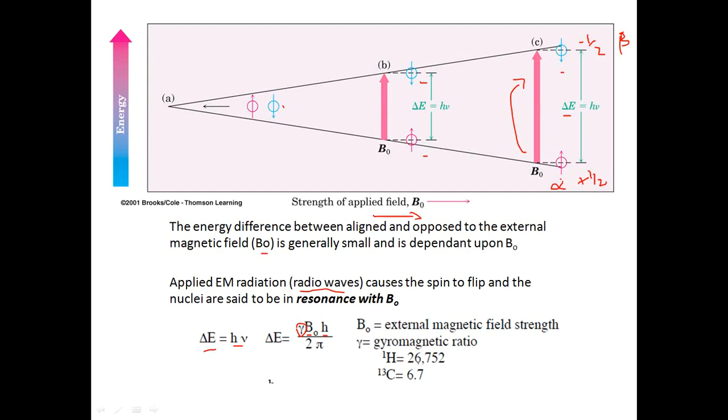This gyromagnetic ratio depends upon the type of nucleus that is involved. Right? So you can see the proton has a higher gyromagnetic ratio than the C13 carbon.